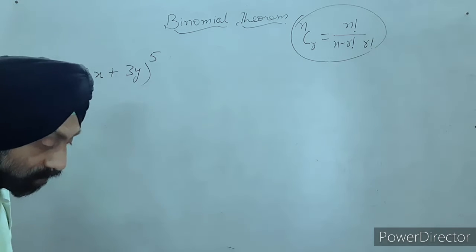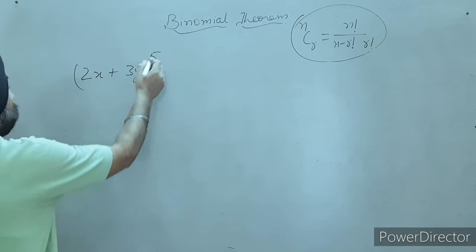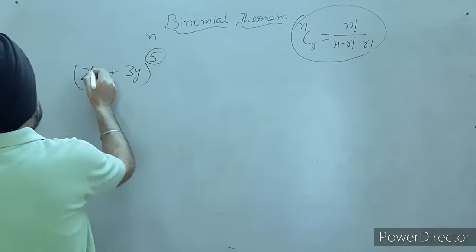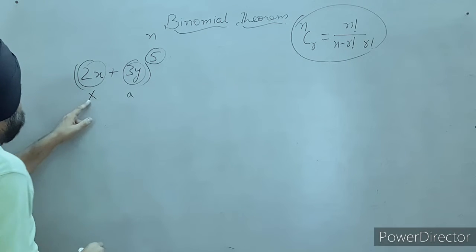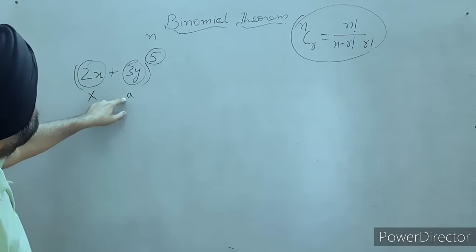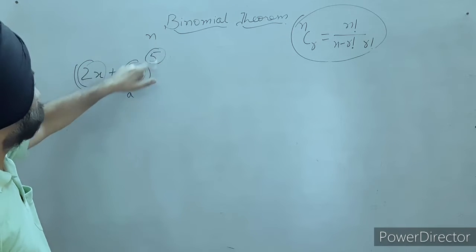How to expand this? n is 5. This is your x, this is your a. x plus a, plus sign, raised to power 5. This is n. x plus a raised to power n.